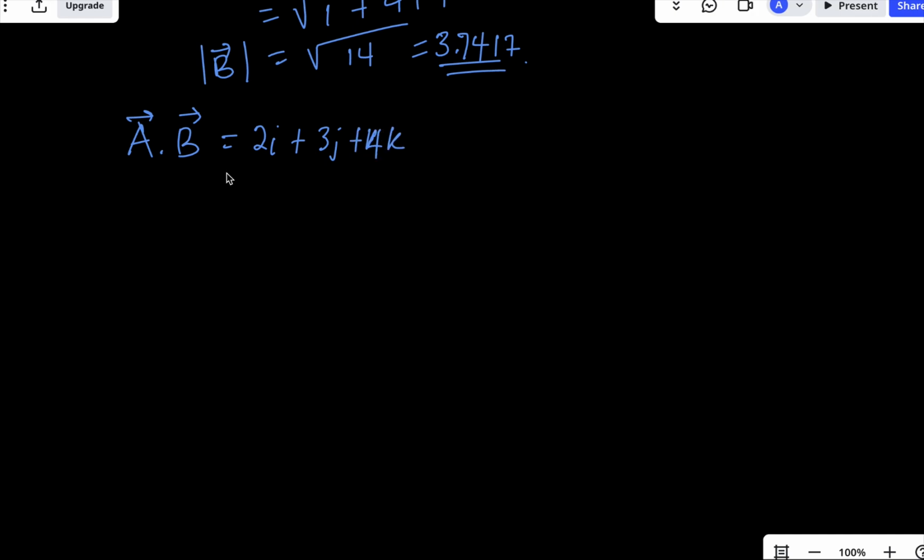Then that's for A. You know that vector A be that too. So this one now, they say this one dot vector B, we know say vector B na 1I plus 2J plus 3K.